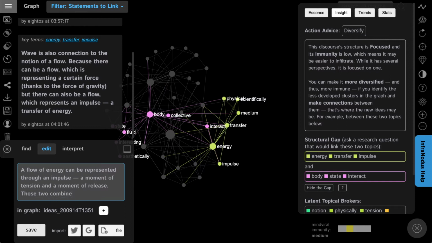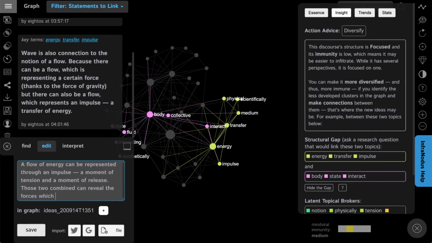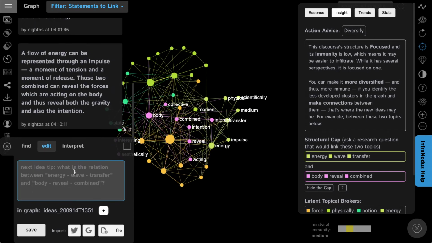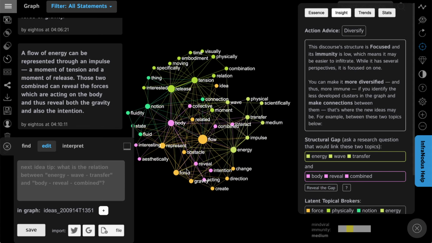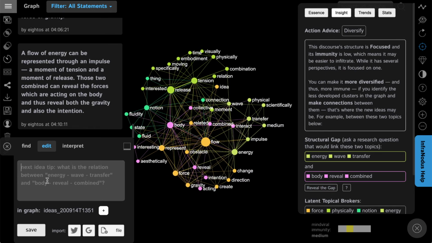Those two combined can reveal the forces which are acting on the body, and thus reveal both the gravity and also the intention, because if you think about it, we're only responding either to the force of gravity or to the intention.